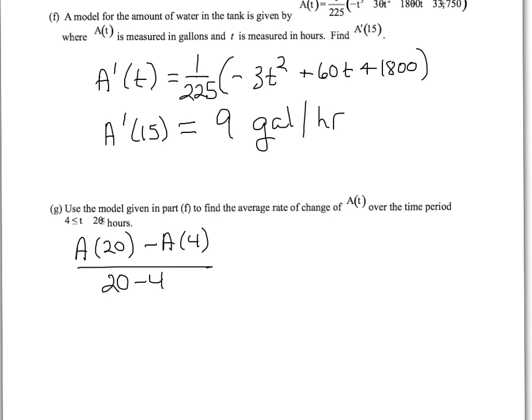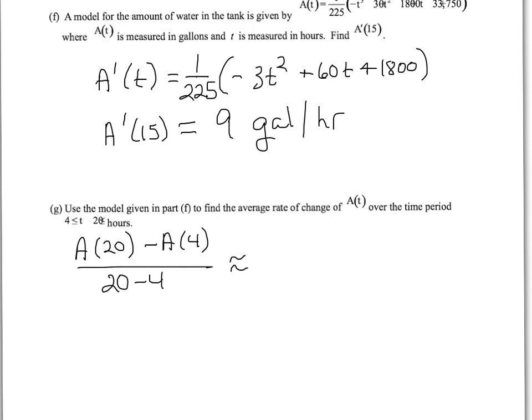So in this case, you probably would have a calculator, plug in A of T into Y1 of your calculator, and then it's easy to calculate A of 20 and A of 4. So you just have in Y1 and then the number next to it? Yes, Y1 with parentheses of 20 minus Y1 of 4, and then hit enter and divide it by 16.